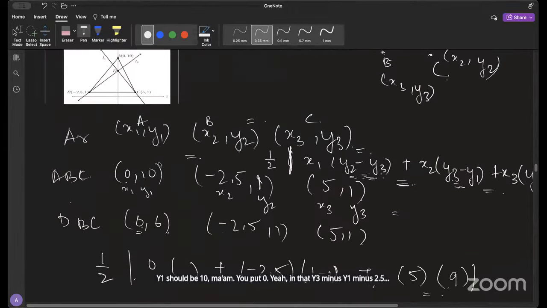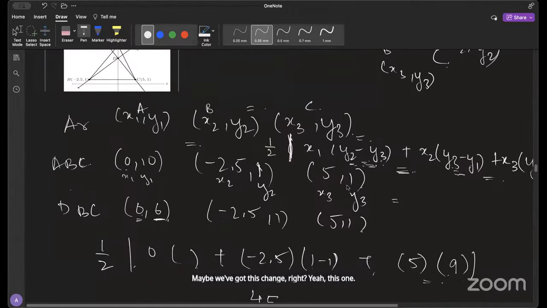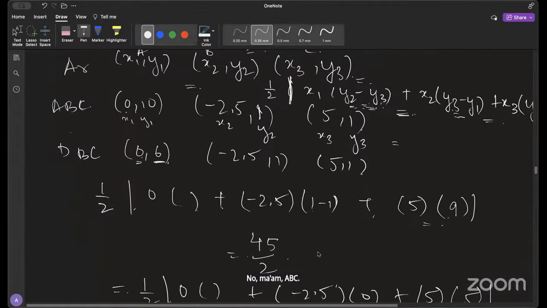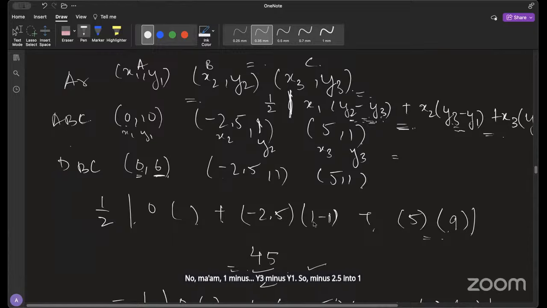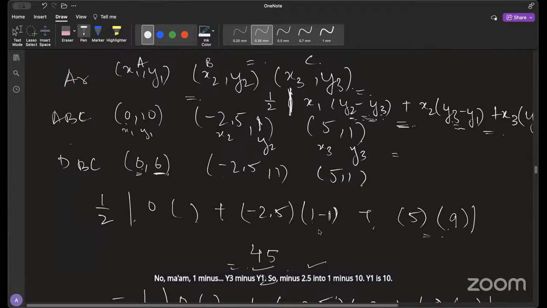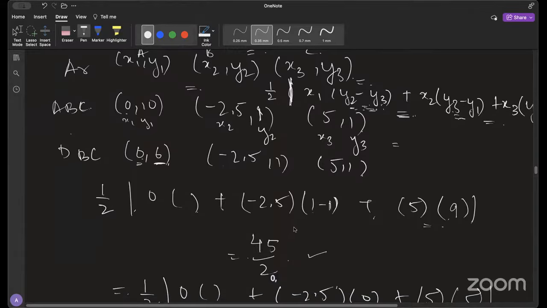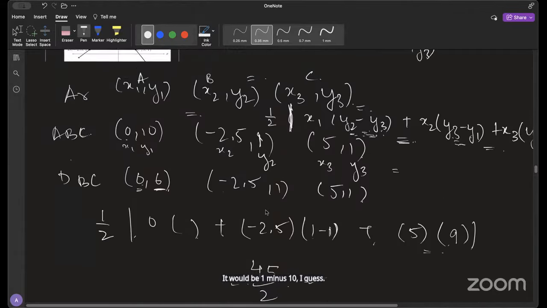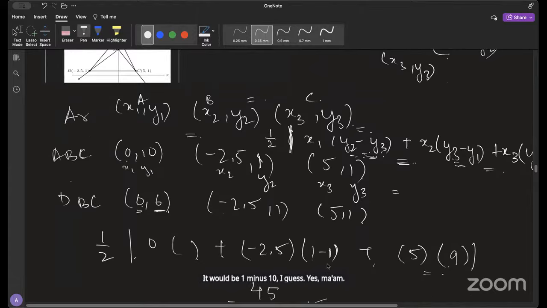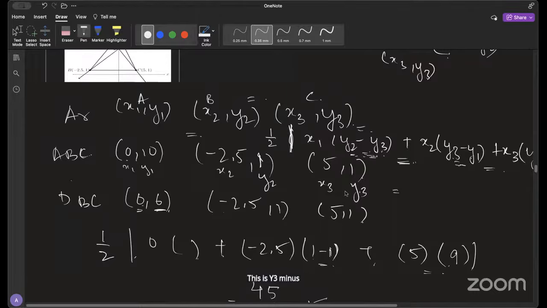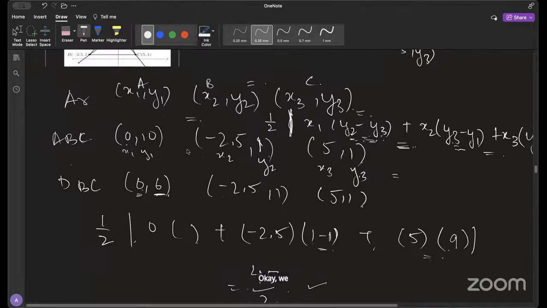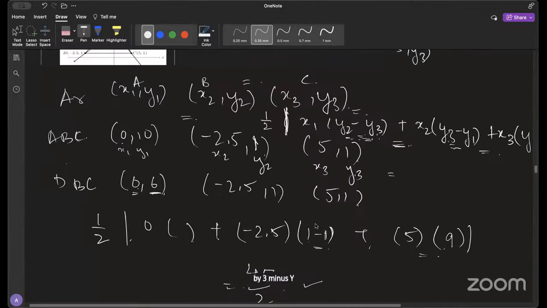Triangle ABC. ABC should be fine. No, ma'am, 1 minus Y3 minus Y1. So minus 2.5 into 1 minus 10. Y1 is 10. It would be 1 minus 10, I guess. Okay, Y1 we took 10. So this should then be y3 minus y1, so it's minus 9 then.